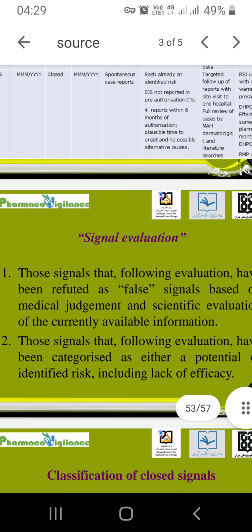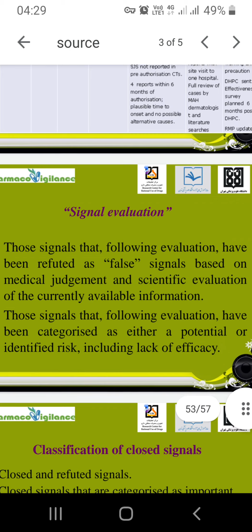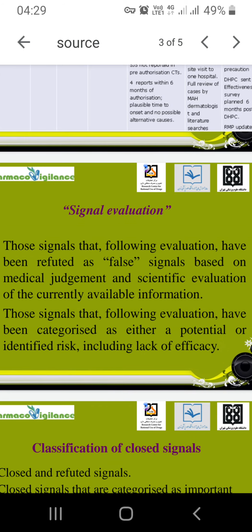Okay, signal evaluation. First, those signals that, following evaluation, have been refuted as false signals based on medical judgment and scientific evaluation of the currently available information.